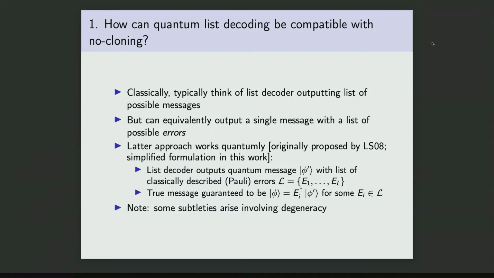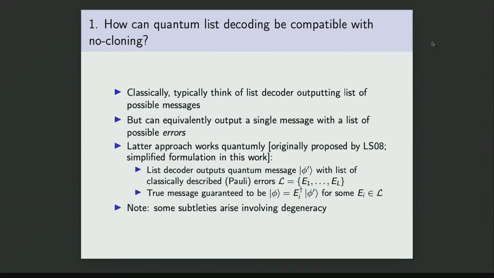And this will be some polynomial-sized list. And then the guarantee is that the true message can be obtained by applying the inverse of one of these errors to the state V prime that the list decoder outputted. So it turns out that this doesn't violate no cloning, and we'll be able to construct it.